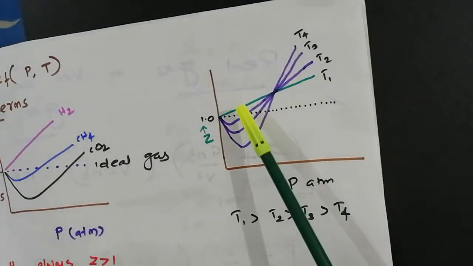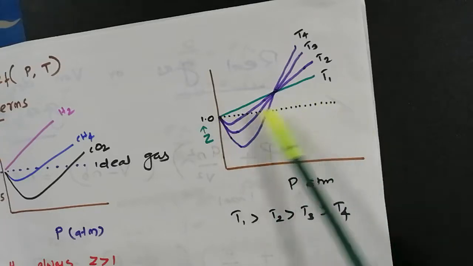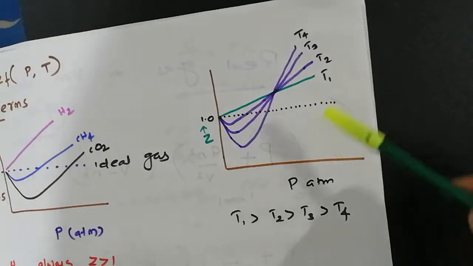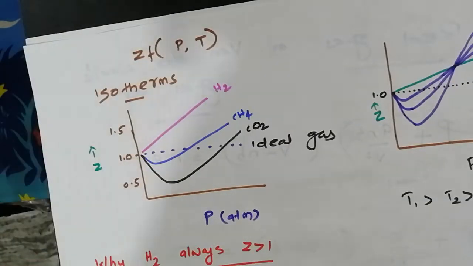At a particular temperature, the graph of the real gas becomes parallel to this dashed line. That temperature is called the Boyle temperature. Boyle temperature is the temperature where a real gas behaves ideally. Therefore, at a particular high temperature, gases can behave ideally. At low pressure also, gases can behave ideally.